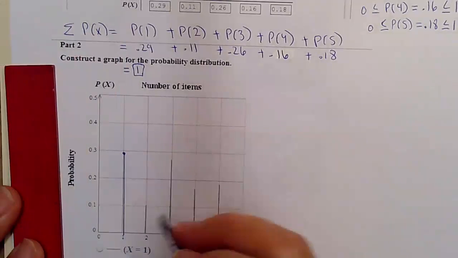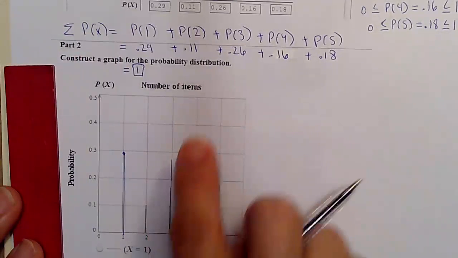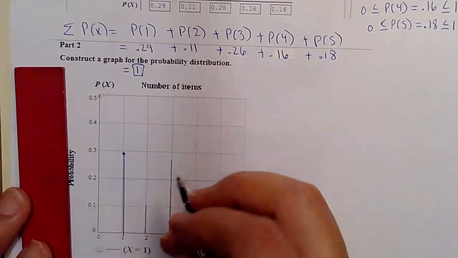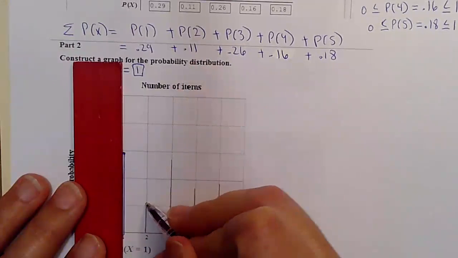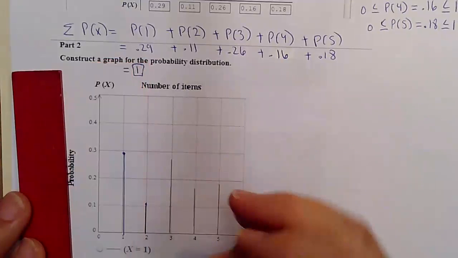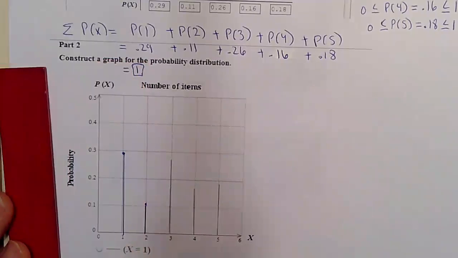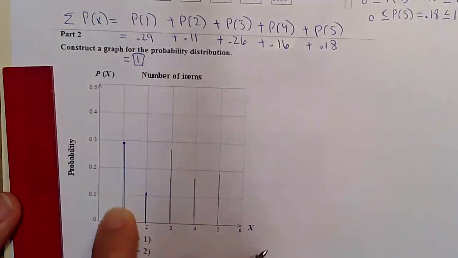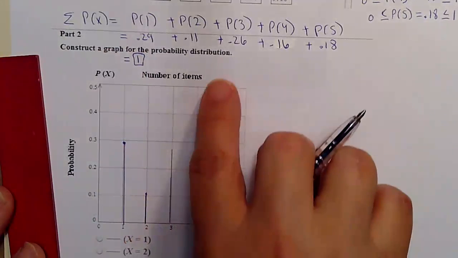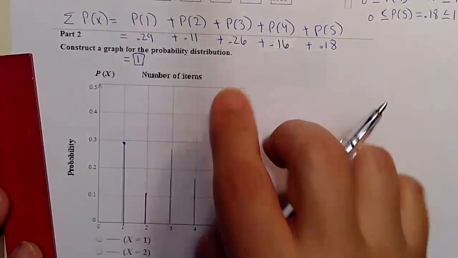And then for the 2, it's 11 cents. So just a little bit over 10 cents. So for 1, you pick this up and drag it, and for 2, highlight this, pick this up and drag it with your mouse. For 3, it's 26 cents.